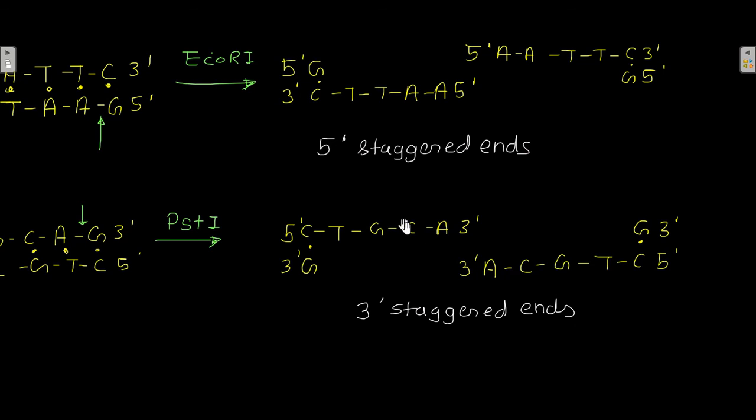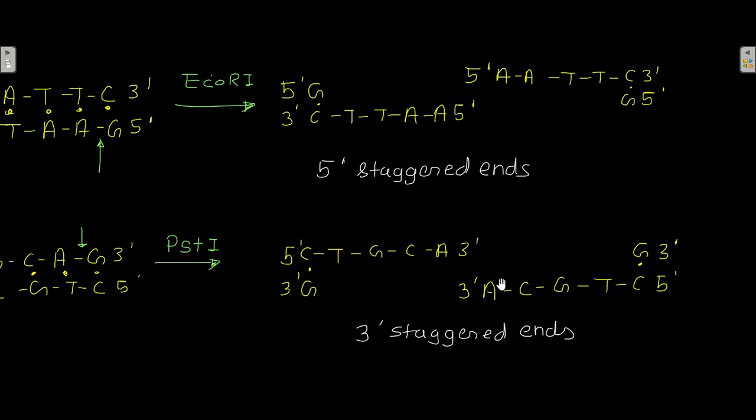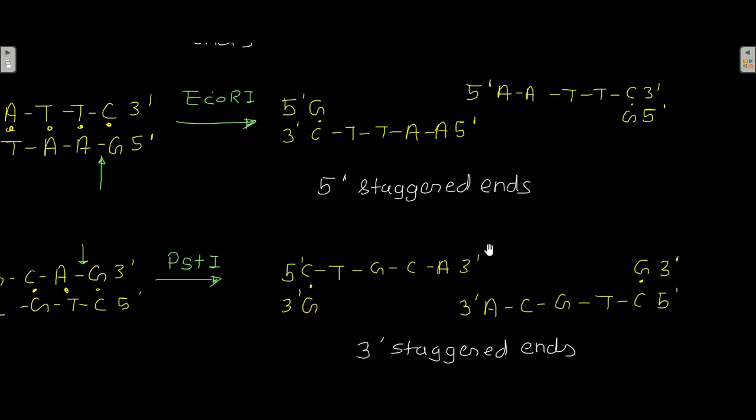in both cases. So in the case of staggered cuts, the ends can be 5' overhang or 3' overhang. It is not going to be like one is 5' and another is 3'. No. Either it is a 5' overhang or it is a 3' overhang.